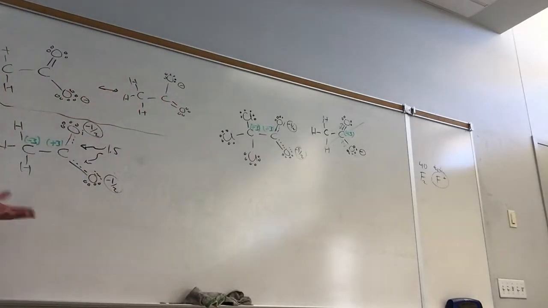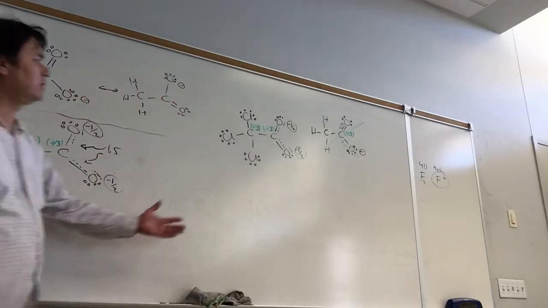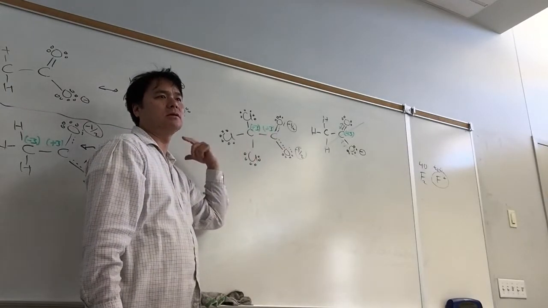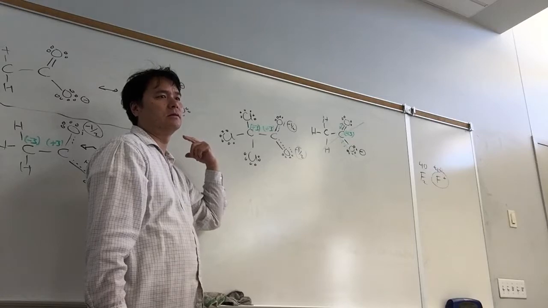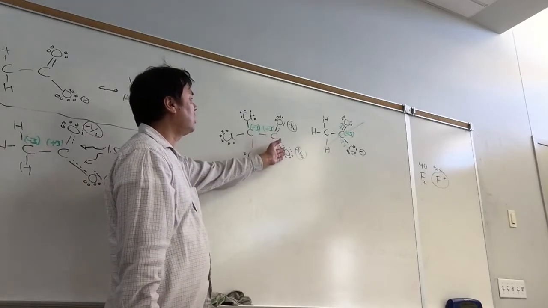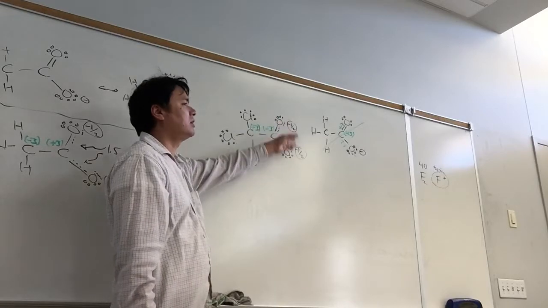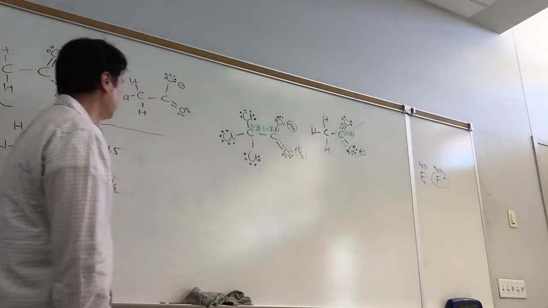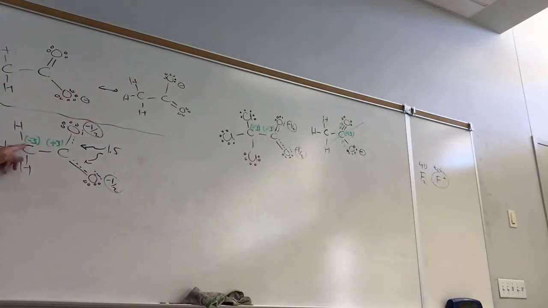You probably saw it earlier, but this is going to be much more electron withdrawing than this. And so if this is much more electron withdrawing, it's going to suck negative charge density off the oxygens, making it less reactive. The more negative charge density on the oxygen, the more reactive. So this is much more electron rich, so it can push electron density this way.